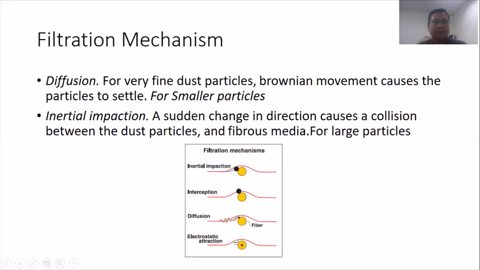And then inertial impaction: a sudden change in direction causes collision between the dust particles. So sometimes the dust attracts each other and makes a clump, like a grape structure. Okay, based on the figure, this illustrates these characteristics in the filter system.